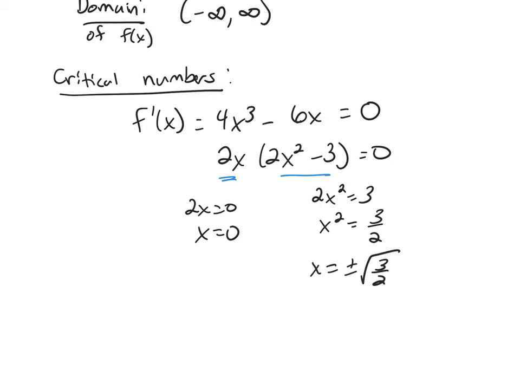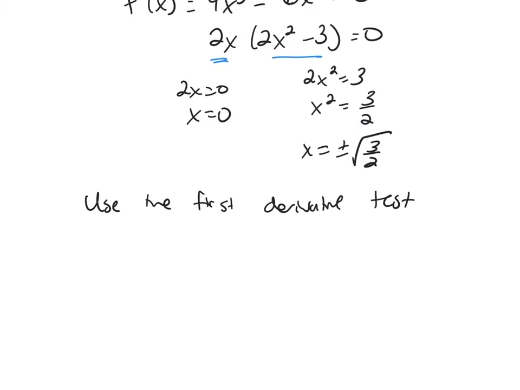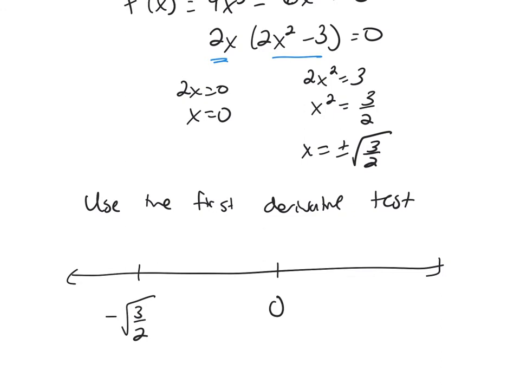So now, what are we going to do? We're going to use the first derivative test. So you're going to put your critical numbers on here. Pick some test numbers.